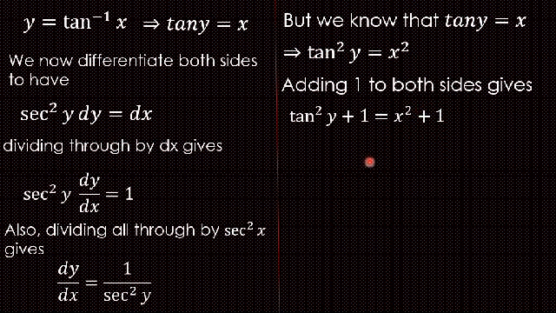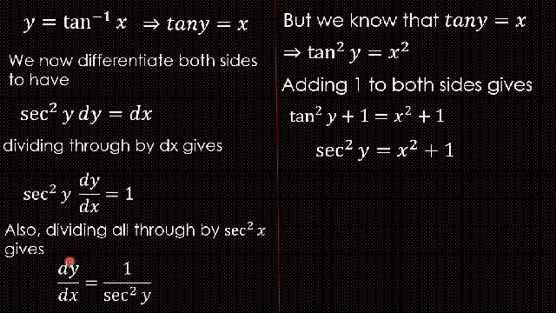The reason for doing so is that I want to look for what I can substitute with this sec squared, knowing that tan squared y plus 1 from trigonometry is equal to sec squared y, which is the same as x squared plus 1.